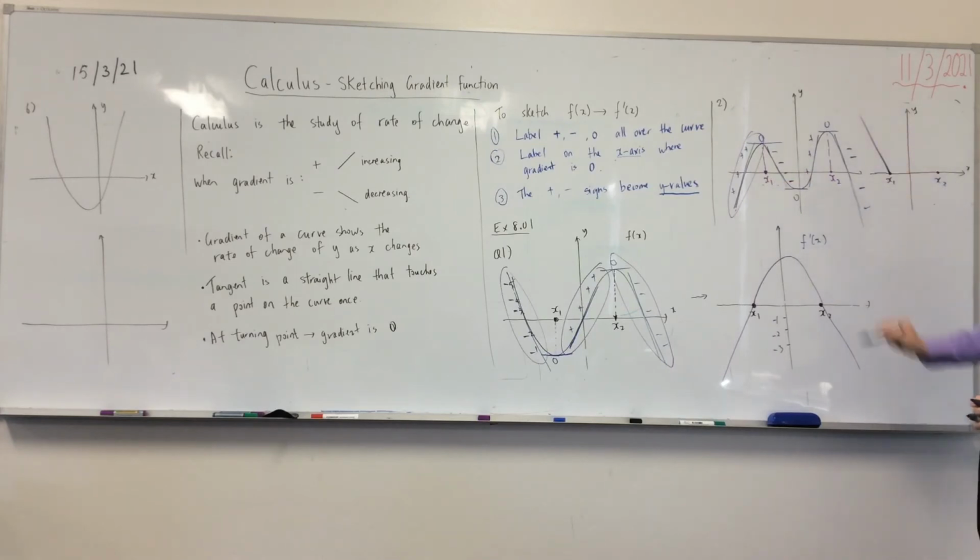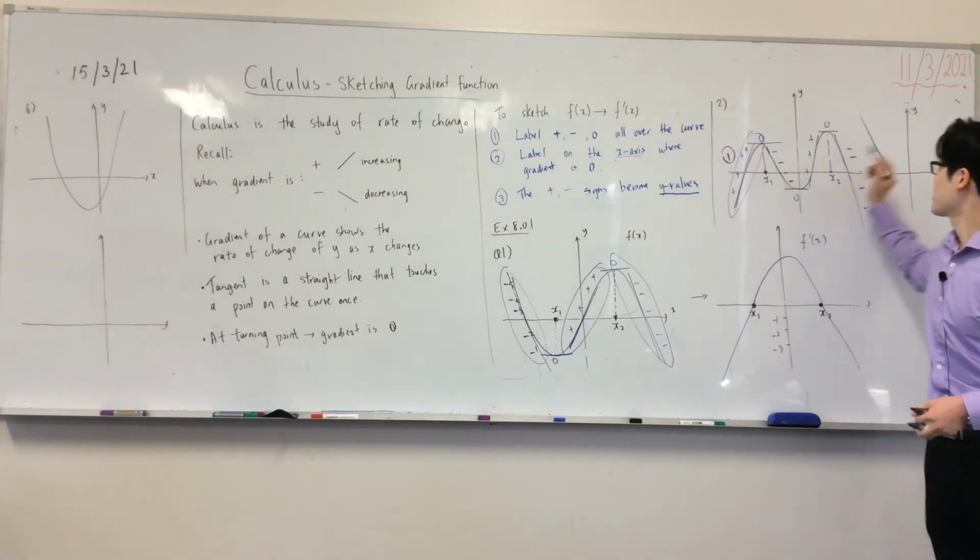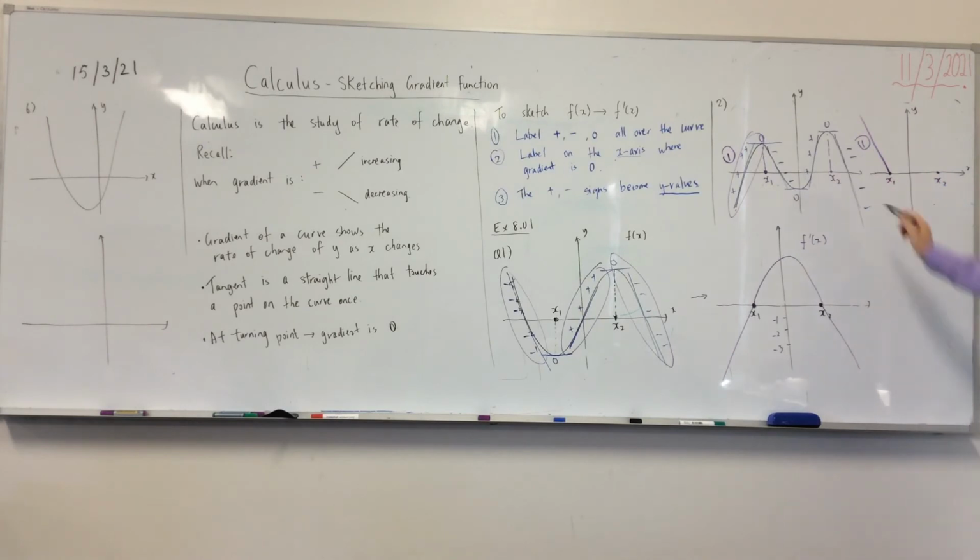Above. Now let's do this end of the graph, step number 2. On this part of the graph, above or below the x-axis? Below, because those are negative y values.